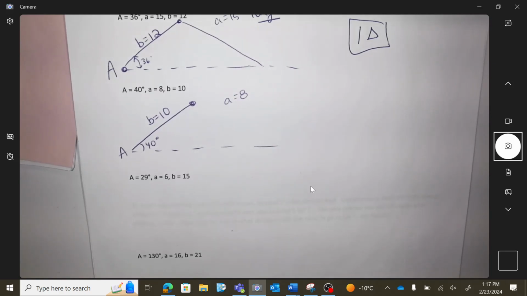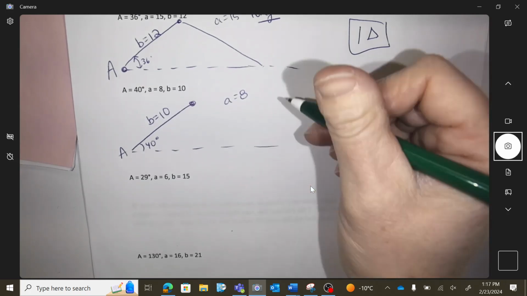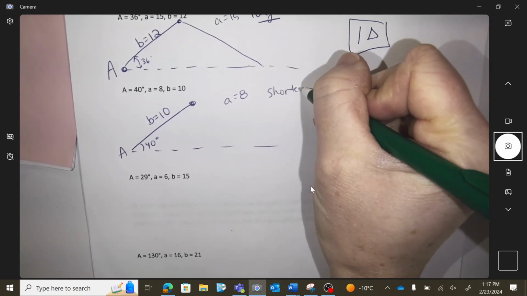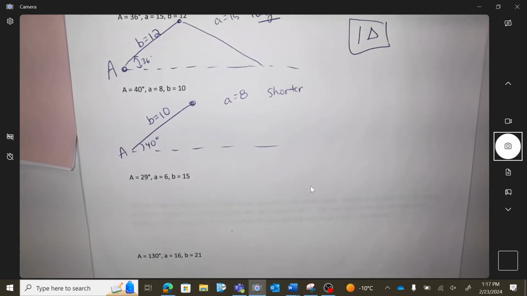So 8 is opposite, across. What do you know about 8 compared to 10? It is shorter. So I don't have an answer for you. With equal or with longer, it's just boom, it's 1. But if it's shorter, you got to figure it out.